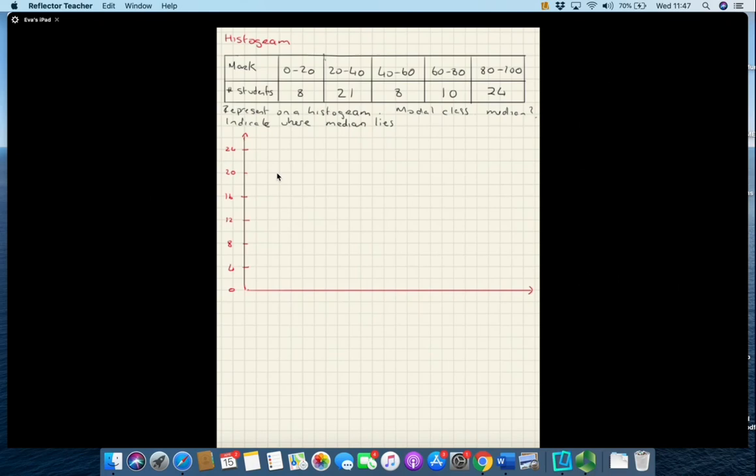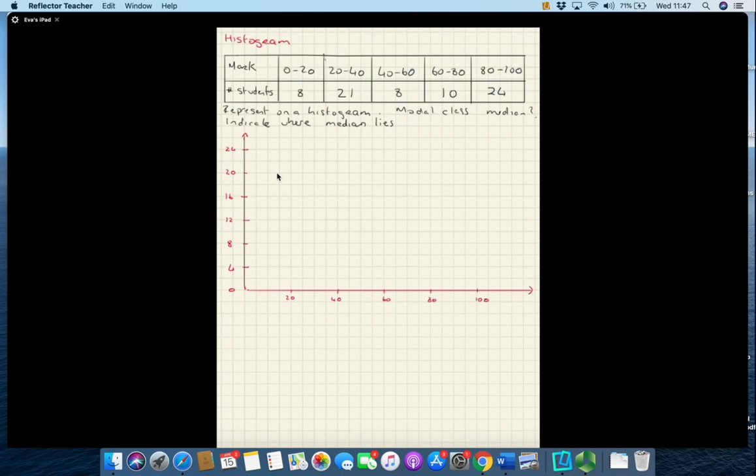Let's see, do I have enough? So 20, 1, 2, 3, 4 boxes, 40, 1, 2, 3, 4 boxes, 60, 1, 2, 3, 4 boxes, 80, 1, 2, 3, 4 boxes, 100. So that looks good. So 0 to 20, 20 to 40, 40 to 60, 60 to 80, 80 to 100.